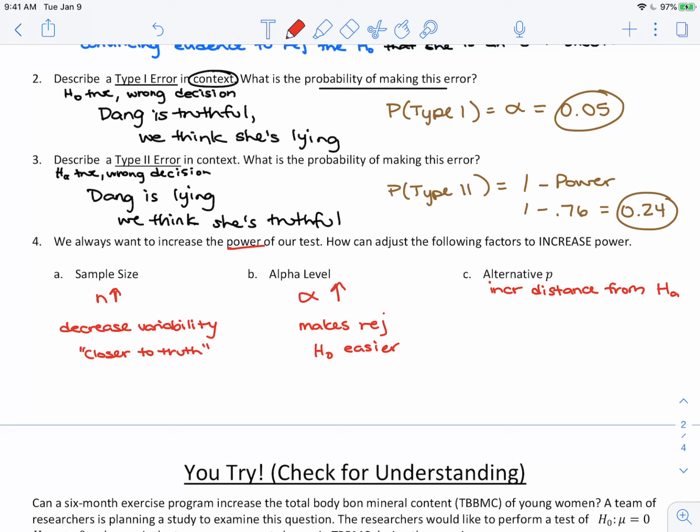So in this case, because our alternative hypothesis p is less than 0.80, I would want to go lower. Pick a value that's much lower than 0.80, like 0.40, or I don't know. Well, here, I'll write a few values. Which one would give you more power? This one, because 40 is much further away from 80% than 60 and 78.